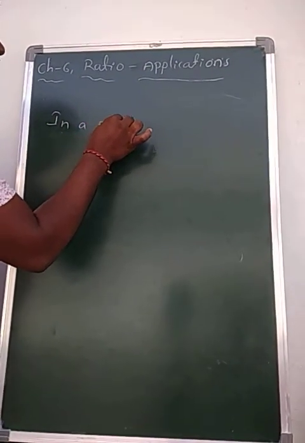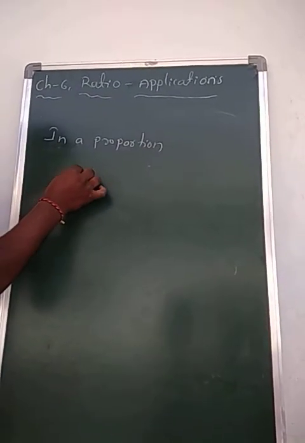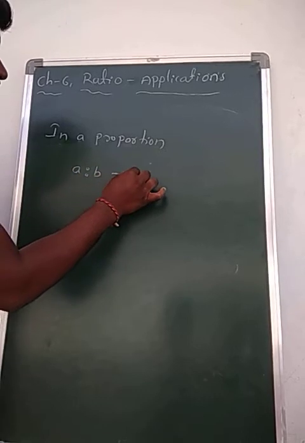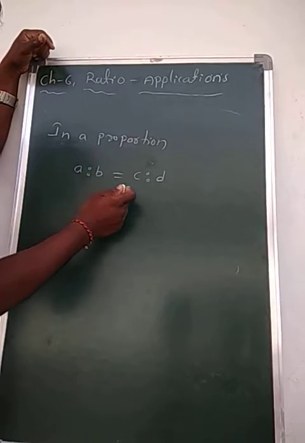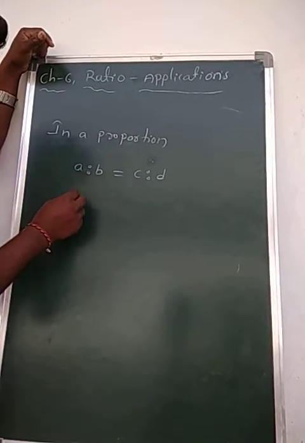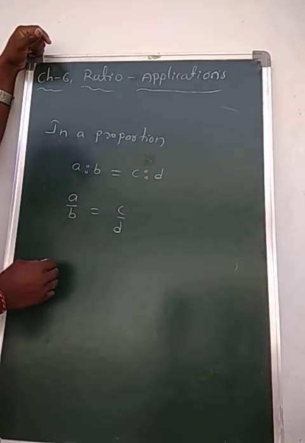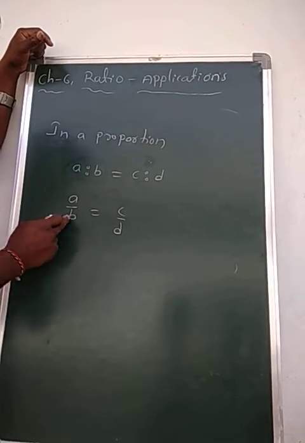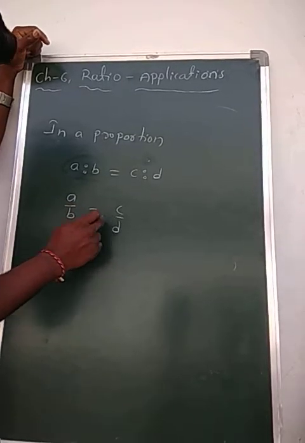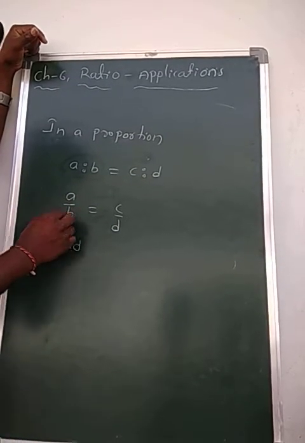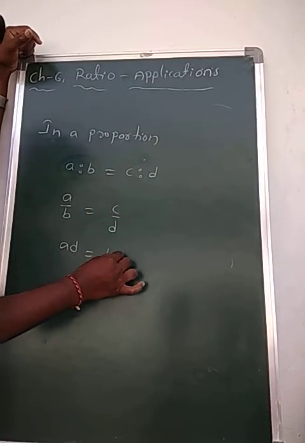In a proportion A is to B is equals to C is to D, we can write it as A by B is equals to C by D. Now by doing like this, A into D, AD is equals to B into C, BC.